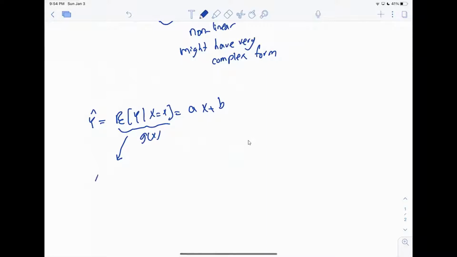But just to remind you, the expected value of y given x equal to little x is the integral, let's say they are continuous, of y f of y given x dy. So you are summing over all y, and what remains is only the x part. That's why this is a function of x. So this is equal to a x plus b. Okay, great.